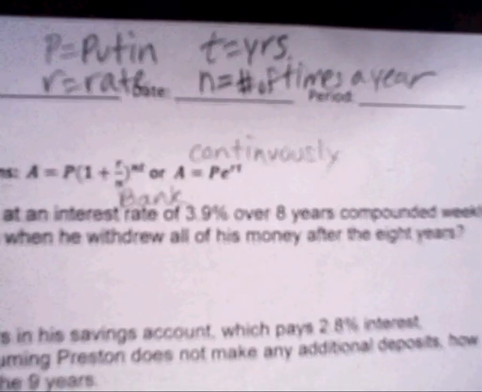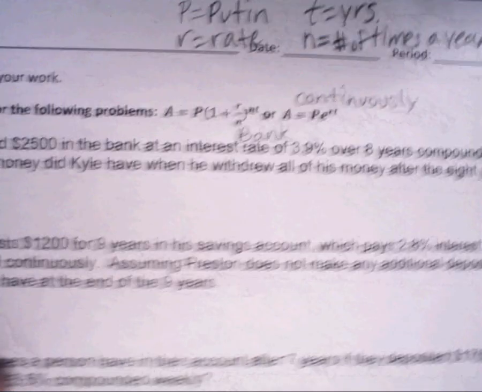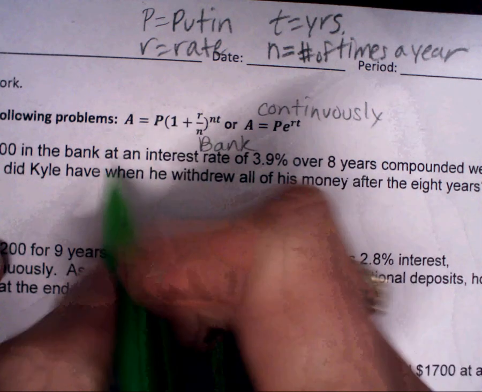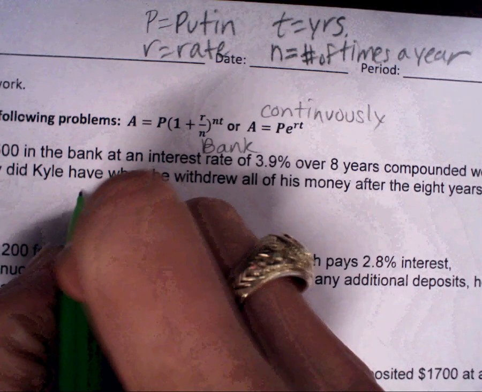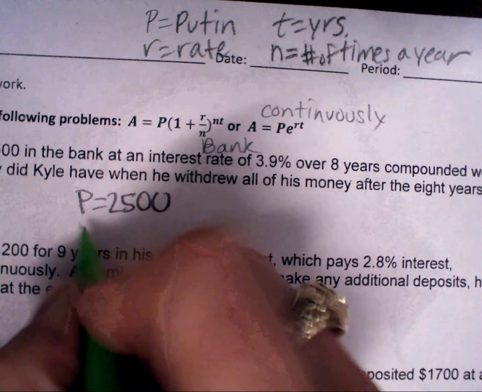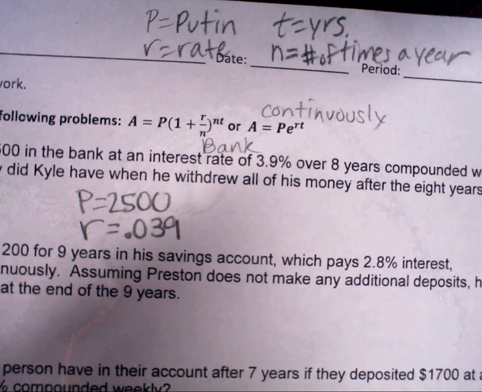Alright, so we're looking at our first problem, and what I want you to do is scan for the word continuously. If I look through this first problem, I do not see the word continuous anywhere. So I'm going to be using this first formula. So it says Kyle invested 2,500, P equals 2,500, at a rate of 0.039.